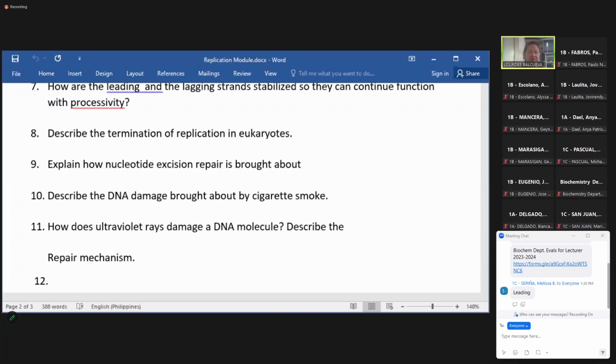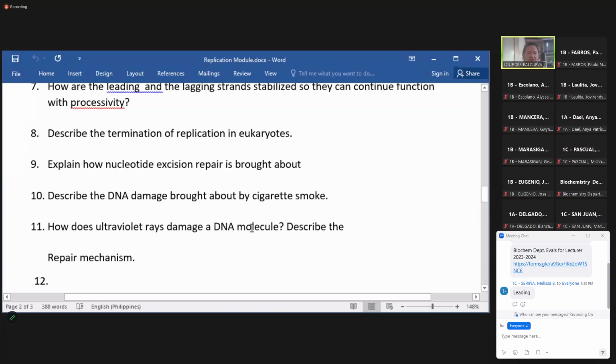So, how is the damage that's brought about by cigarette smoke? Doc, yung benzopyrene po pag na-oxidize, magiging carcinogenic. Yes. May binding with what? Guanine, no? Guanine residues po, yes, in the DNA molecule.